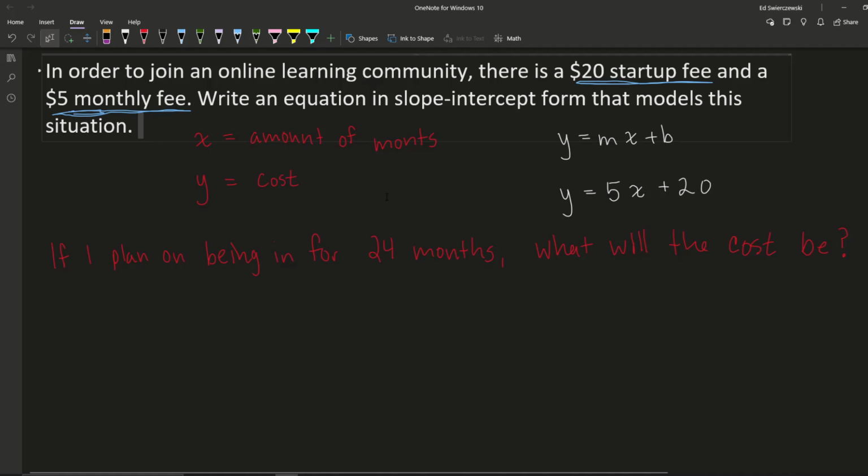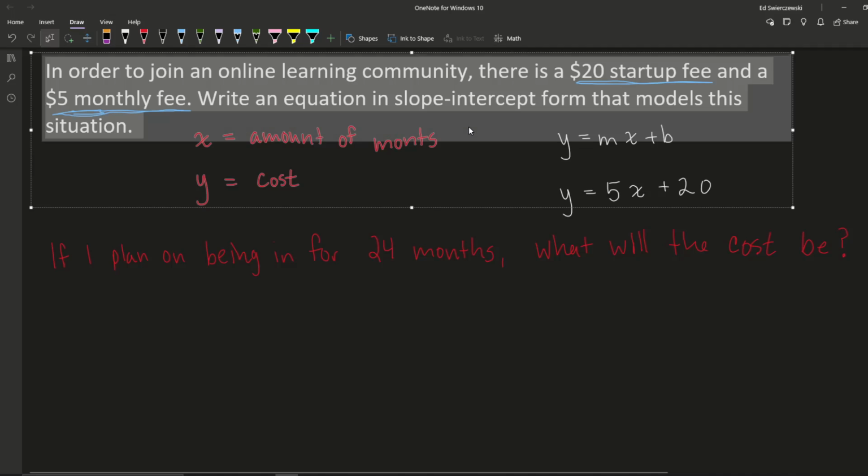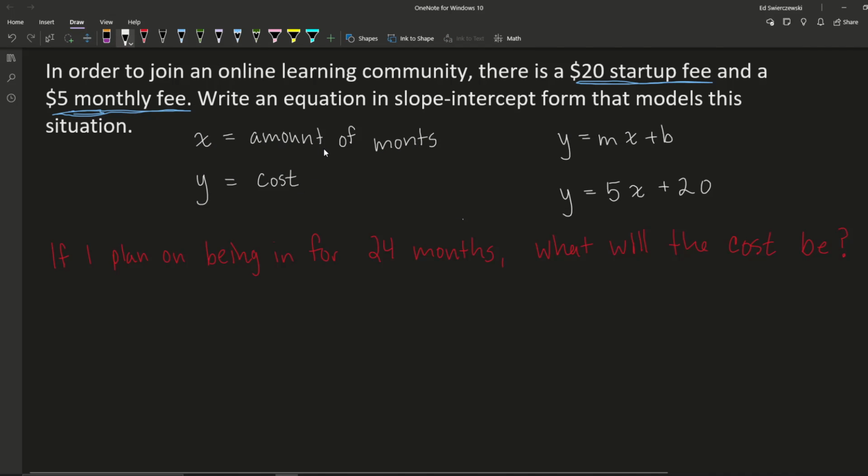And remember, this is the amount of months. So if you said that you plug it in for x, you are right. So let's go ahead and do that. Y equals 5x, but instead of x, I'm going to write 24. And then plus 20. And well, let's see here.